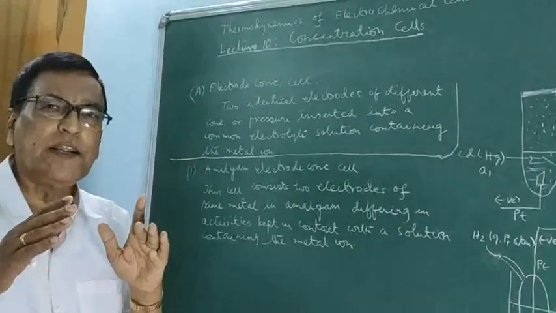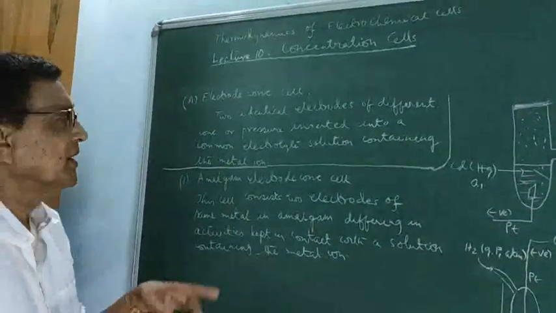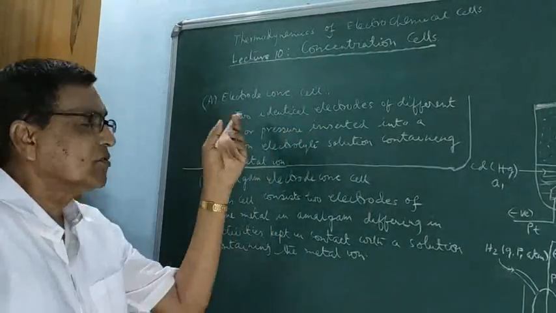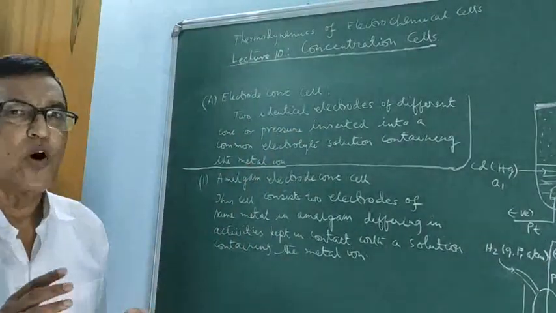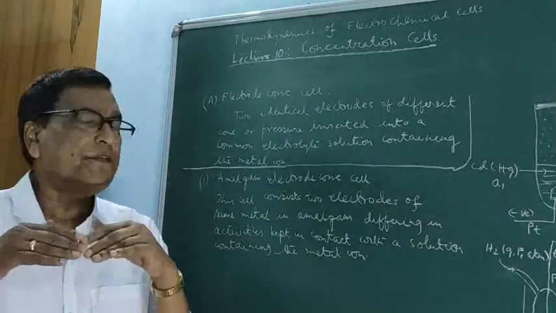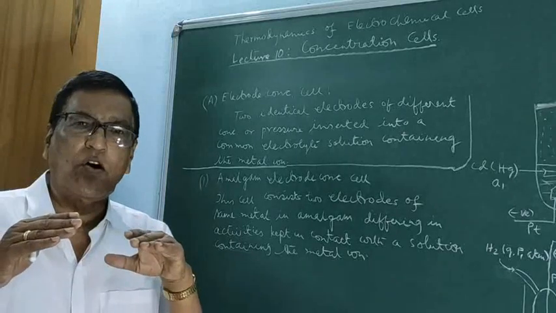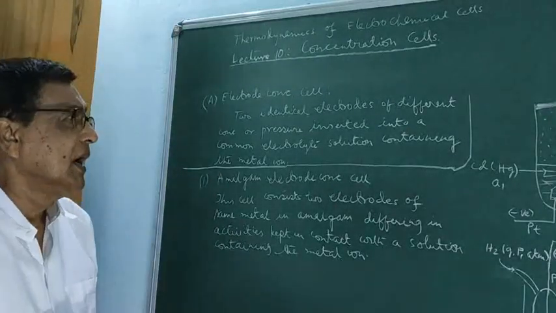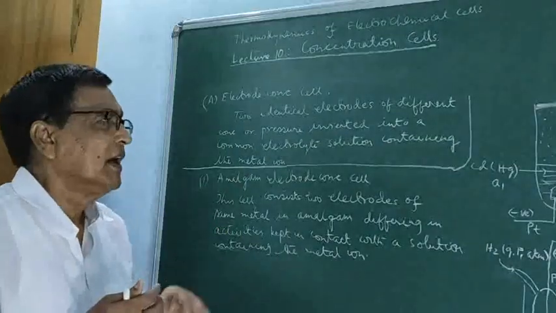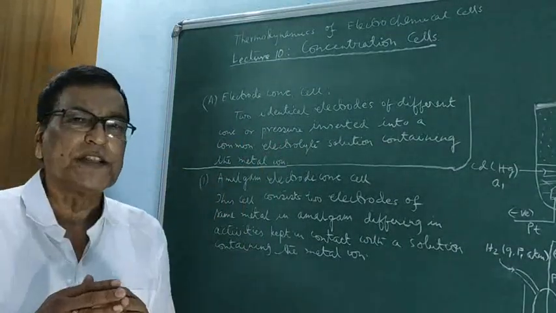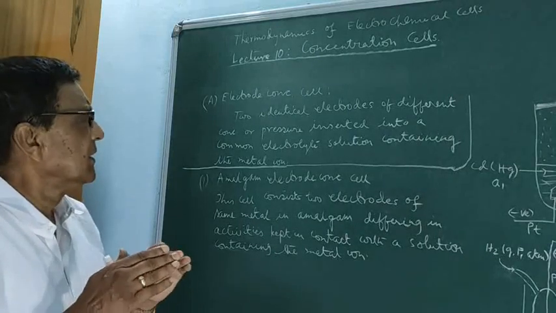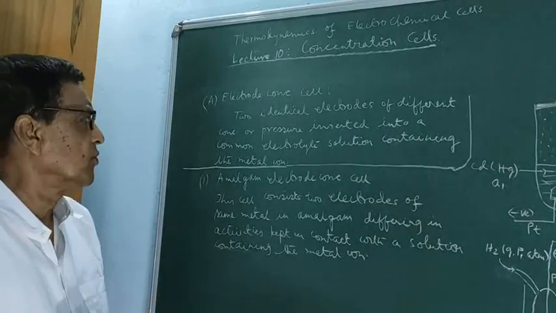Concentration cells are of mainly two types. One is the electrode concentration cell, in which two identical electrodes of different concentration or pressure are inserted into a common electrolyte solution containing the ion of this electrode.